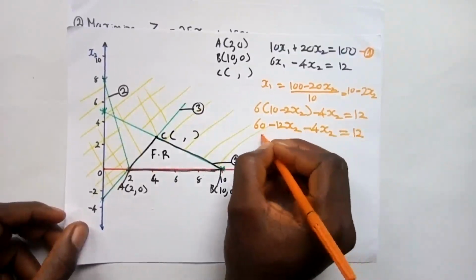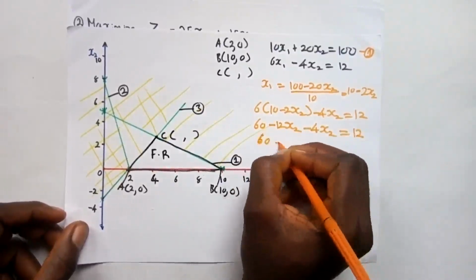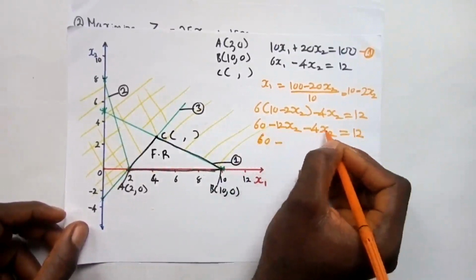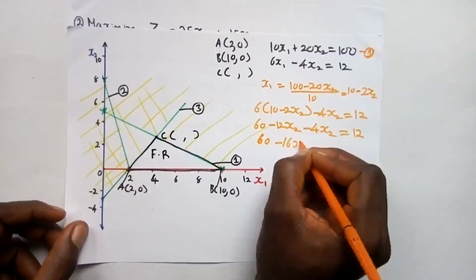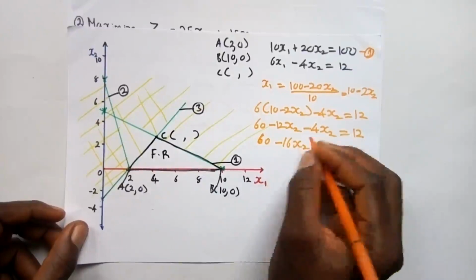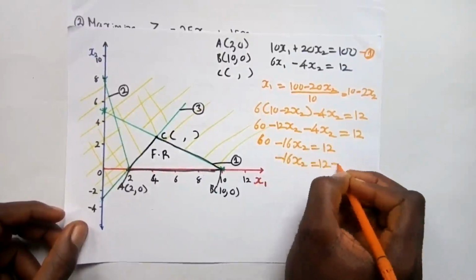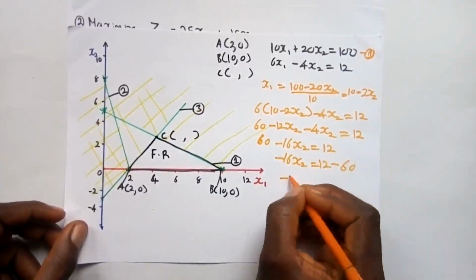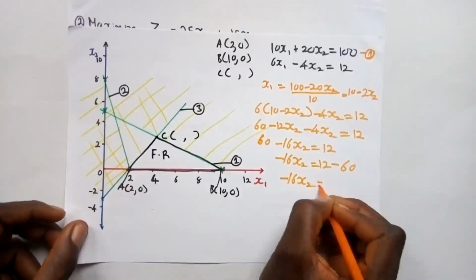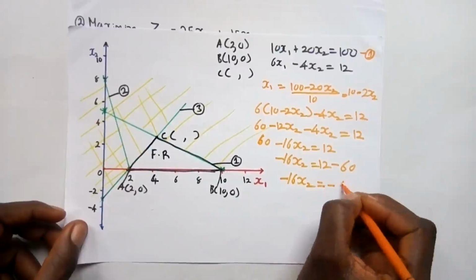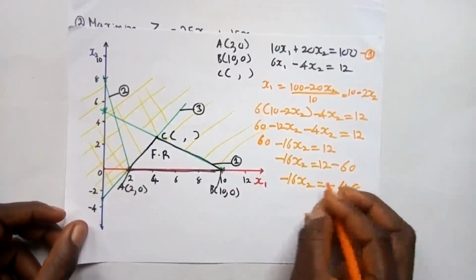So 60 minus 12S2 minus 4S2 gives us minus 16S2 is equal to 12. So minus 16S2 is equal to 12 minus 60, minus 16S2 is equal to minus 48.